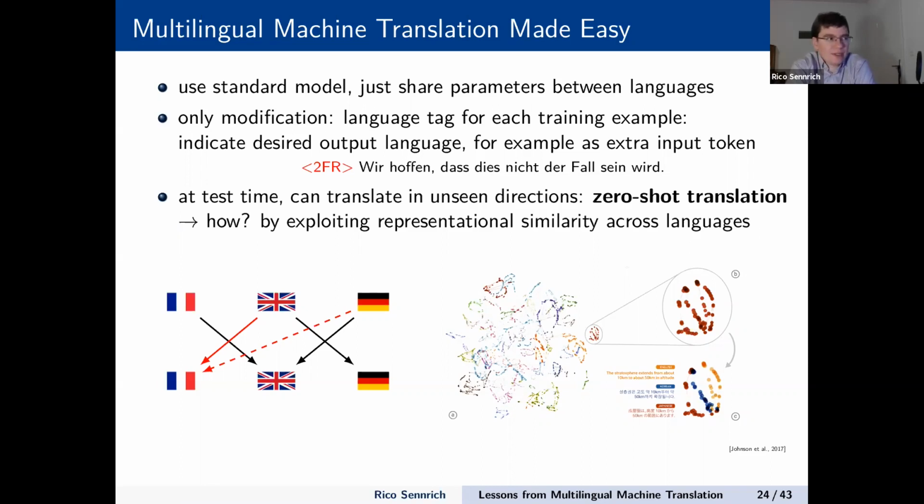And the way that this can work is that you're exploiting the property of the model that during training it learns representational similarity between words or sequences that have similar meanings, because this is just a relatively compact representation for the model. So if the representation of the English and the German sentence with the same meaning is the same, you're then also going to be able to translate a German sentence directly into French, because it has learned to do this translation. So the closer these two representations are, the better the transfer will work in principle.